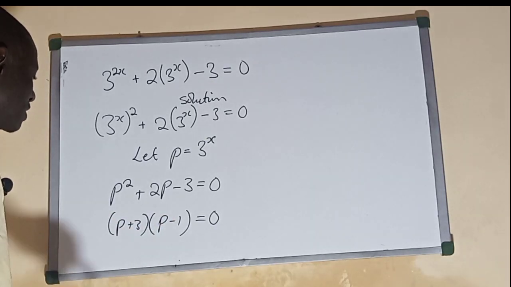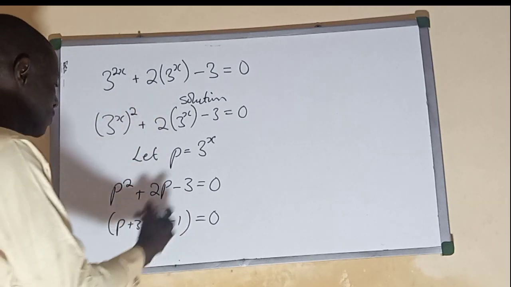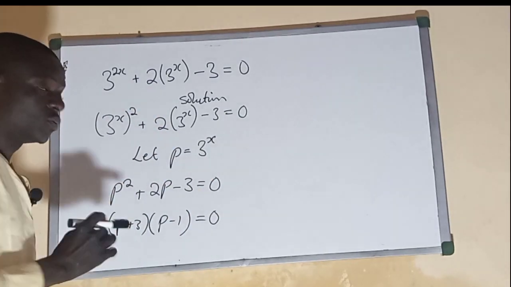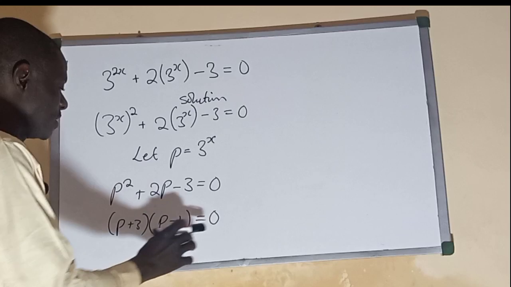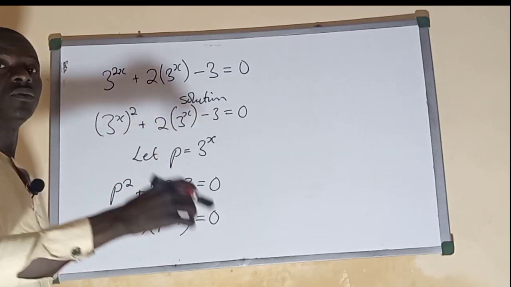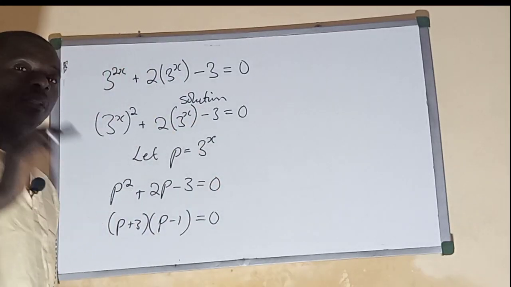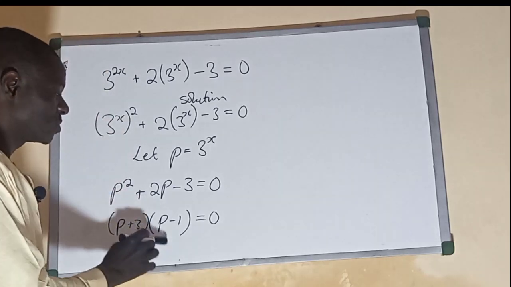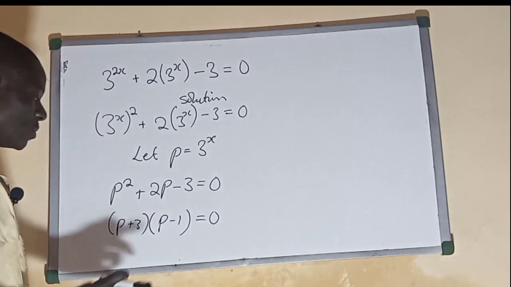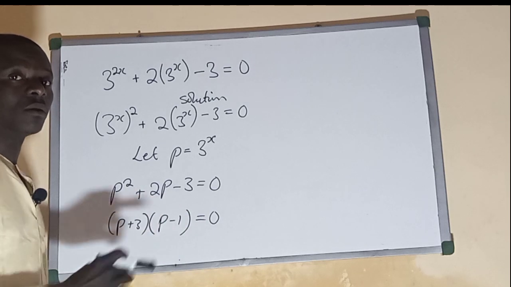We have the law that says when two real numbers A and B are multiplied and the result is 0, then one of the numbers must be equal to 0. For instance, this is our number and this is our number.